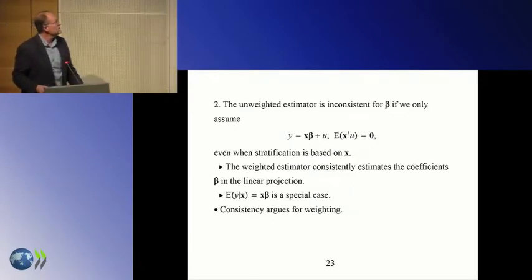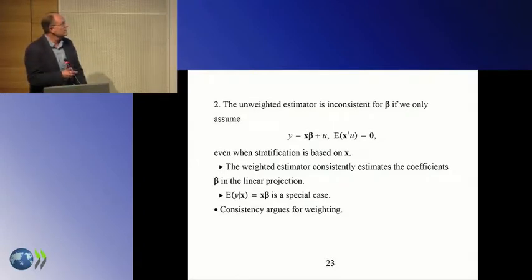Okay, so better move it along here. The unweighted estimator is inconsistent if we only assume the linear projection. In other words, even though stratification is based on the x's, you're not going to get a consistent estimator of the linear projection parameters. That requires the conditional mean to be correctly specified.